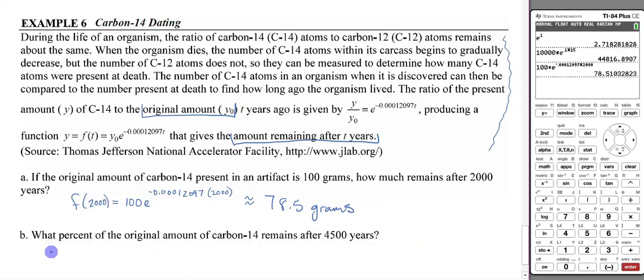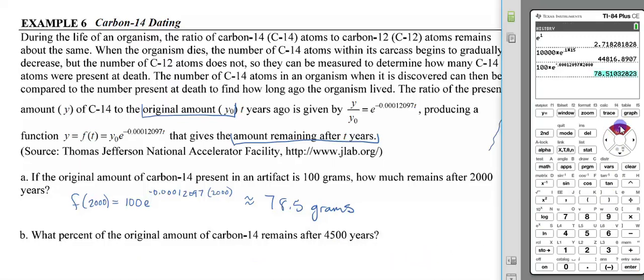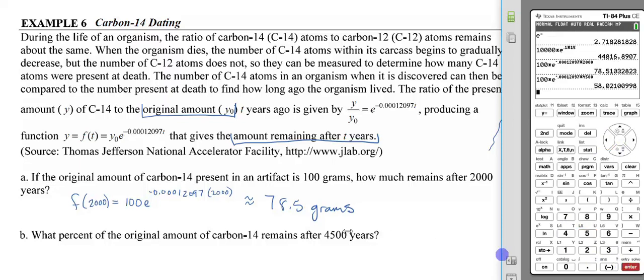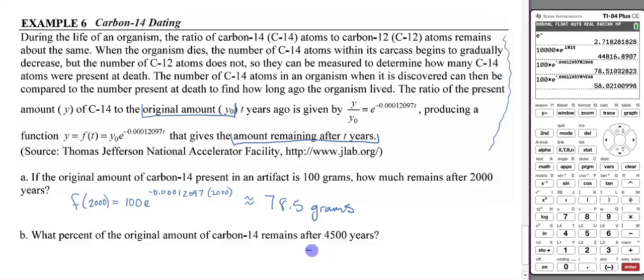The next question they want to know: what percent of the original amount of carbon-14 remains after 4,500 years? So we can actually use the same function that we had before and just change the 2,000 to 4,500. And it's then decreased to 58.02 grams.